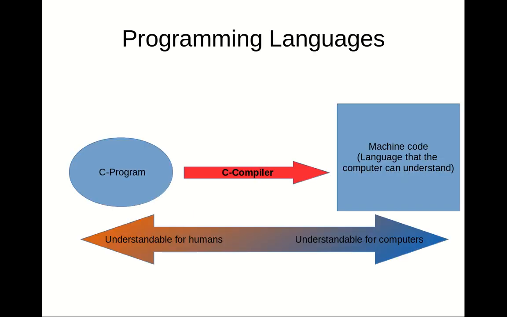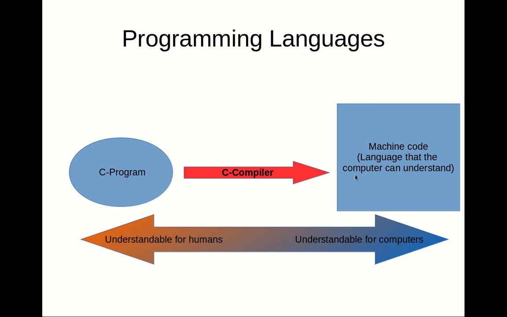Yeah, programming languages. Maybe you remember from the first year we learned programming with C and Python. In the context of our present course, this would be this area here, and this is a programming language that is understandable to humans. On the other side, we have programming languages that are more understandable to computers, and there is the machine code already mentioned.